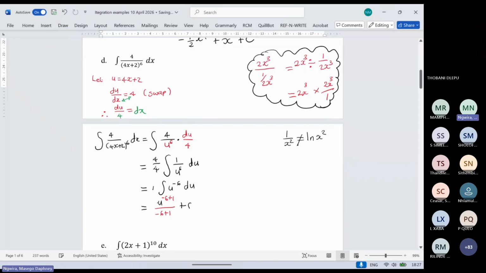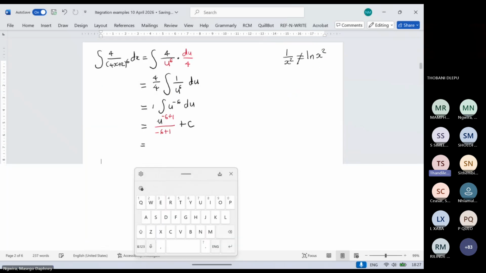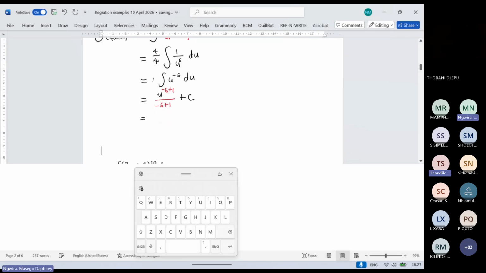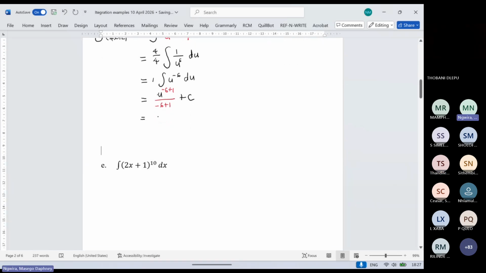Then we solve this and get u to the exponent -5 over -5 plus c.